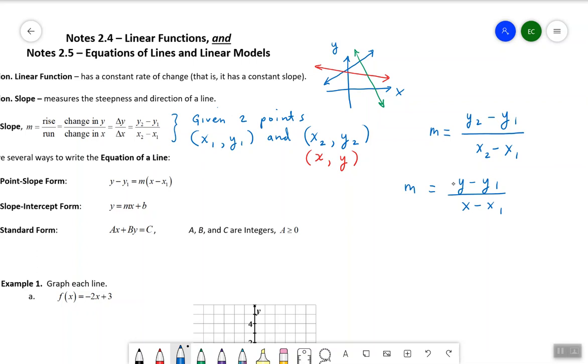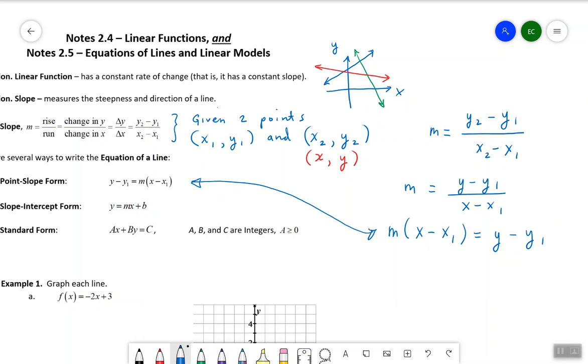Then we're just going to do a little algebra to this equation. Let's multiply both sides by the denominator, x minus x1. We will have m times x minus x1 is equal to y minus y1. And of course, that's exactly the formula for point-slope form. So point-slope form comes directly from the formula for slope.